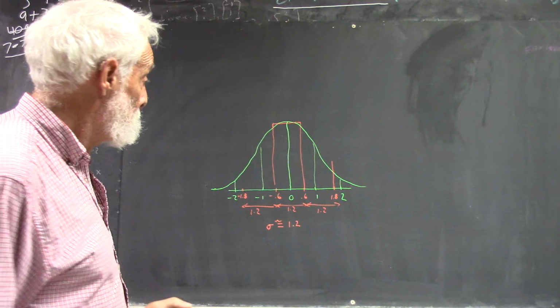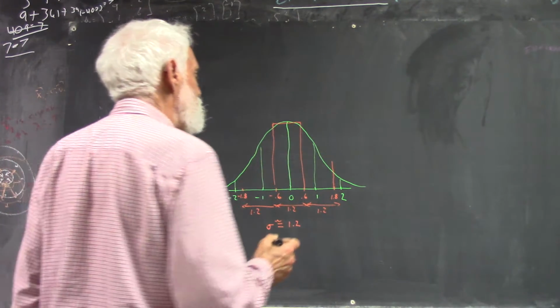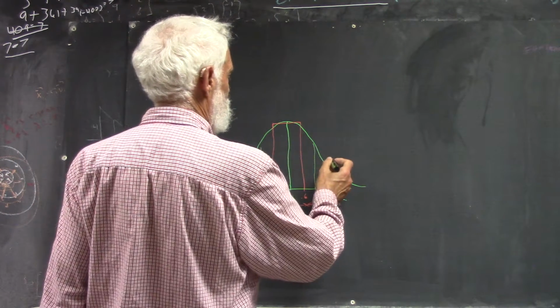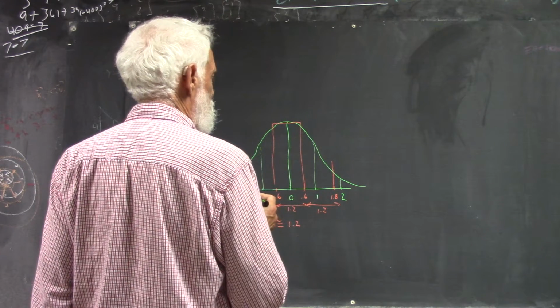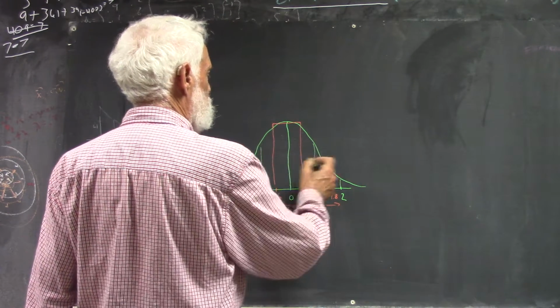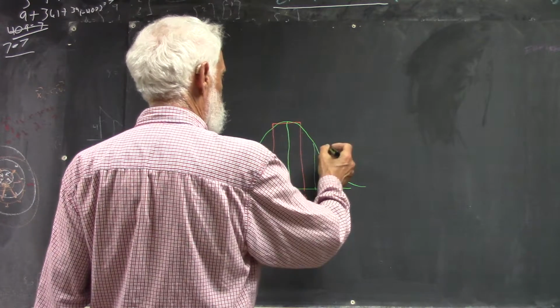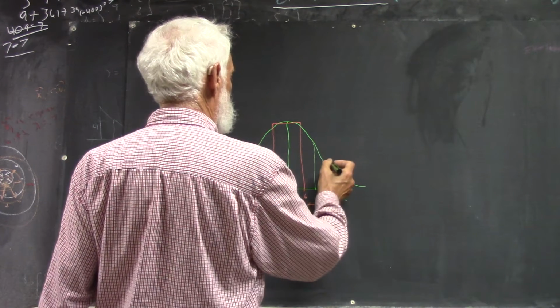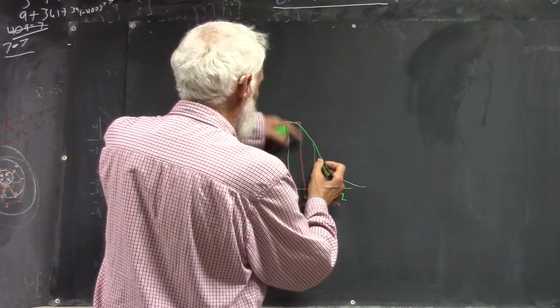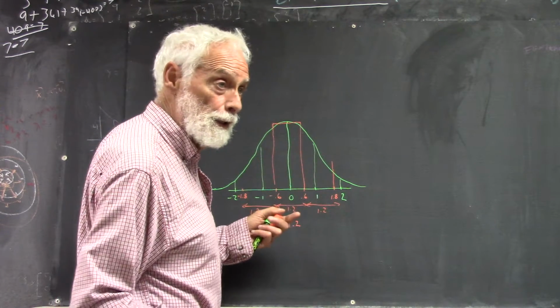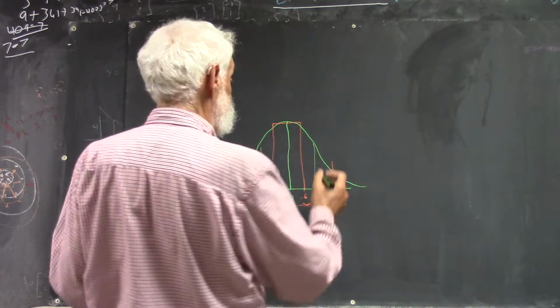And I want the area that the bar goes above the curve to be equal to the area of this region that's missing underneath the curve. So if I put the bar here, I'd have this much area above the curve, but I'd have all this area below the curve, so it's got to go higher. Does that make sense?